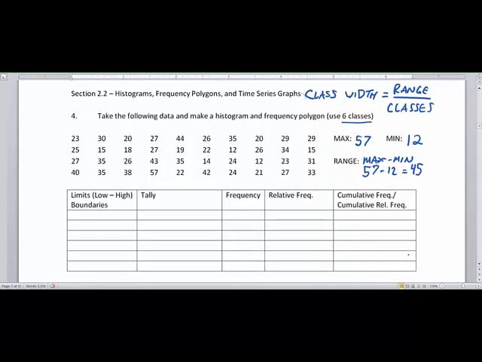Okay, so in doing so, we are going to start with our lower class limit, and that is going to be the minimum. To find the class width, we take our range, which is 45, and divide it by the number of classes, in this case 6. 45 divided by 6 is equal to 7.5, which I am going to round up to 8.